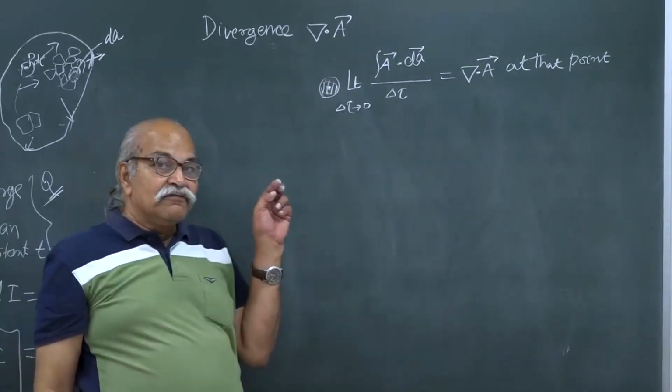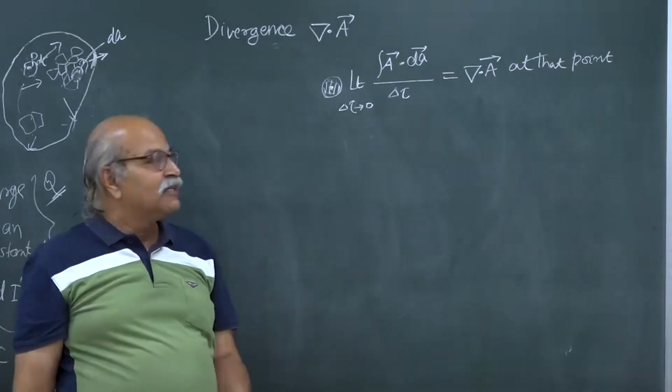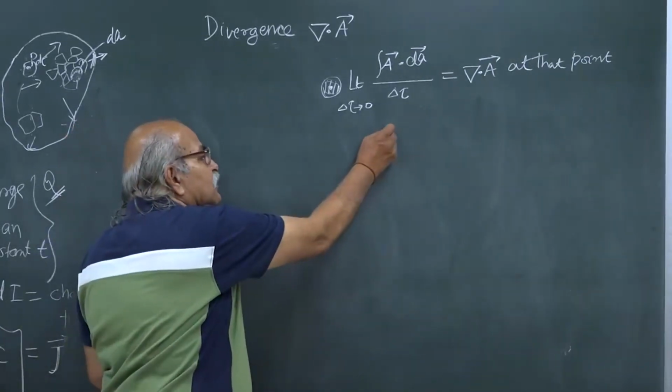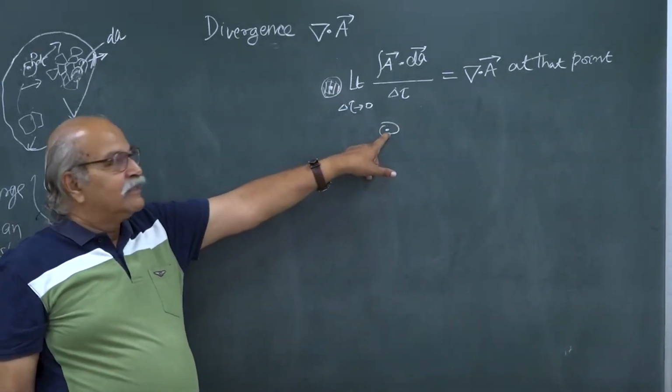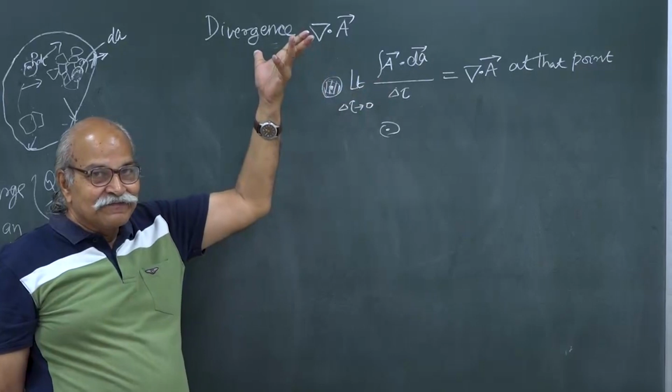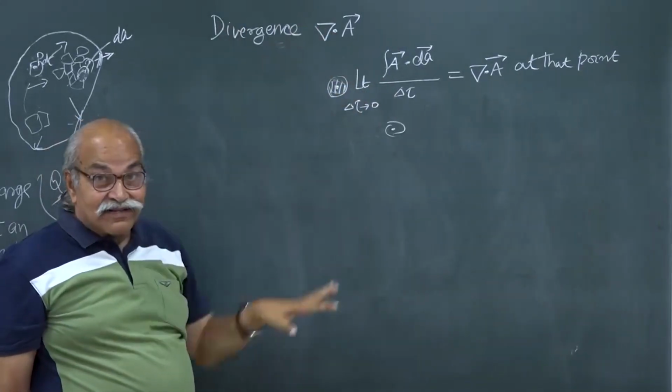So, divergence of A is another field. It can be different at different points. If I want the divergence at another point, I will construct a closed surface there, and this limit may be something different. That is how divergence of A is defined.